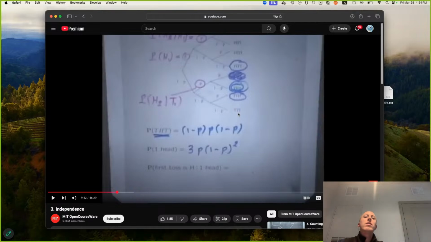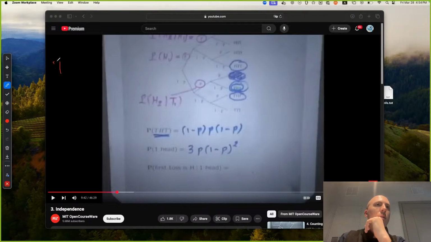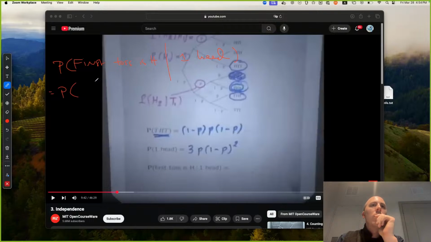Given that there was one head, what is the probability that the first toss is a head? These are events, sets of outcomes. So the event that the first toss is a head is: head, head, head; head, head, tail; head, tail, head; head, tail, tail.